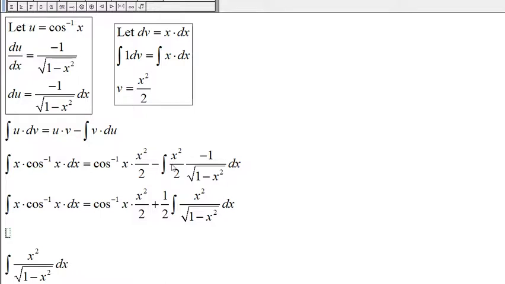Minus the integral of v times du. So this is v and this is du.